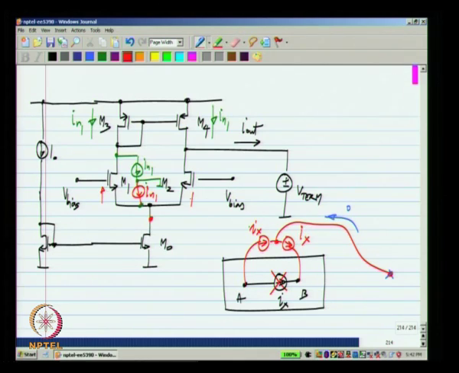It will split into IN1 by 2 and IN1 by 2, exactly as we discussed for the noise from M0, and whatever goes through M1 also goes through M3 and gets mirrored.